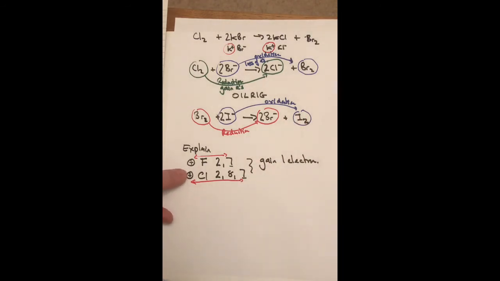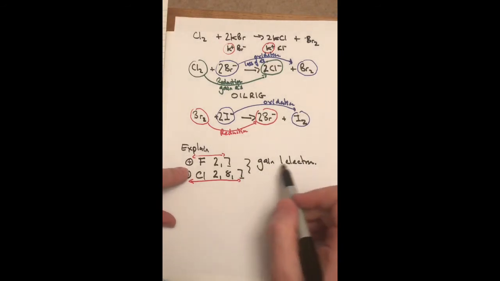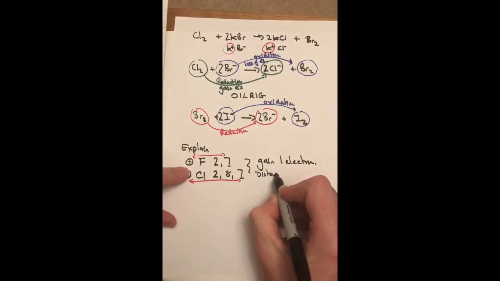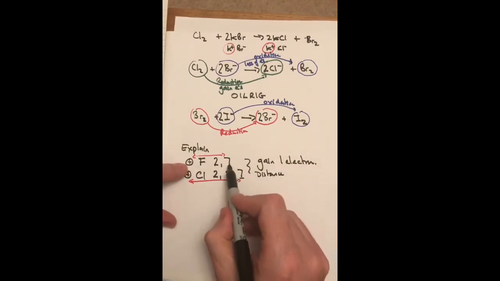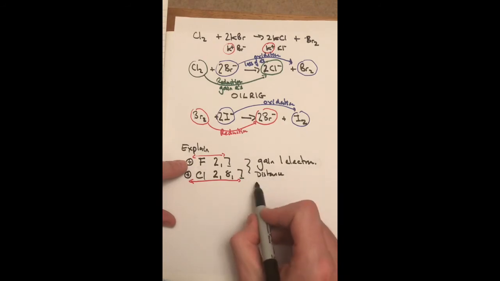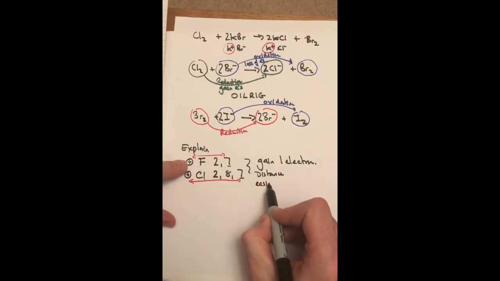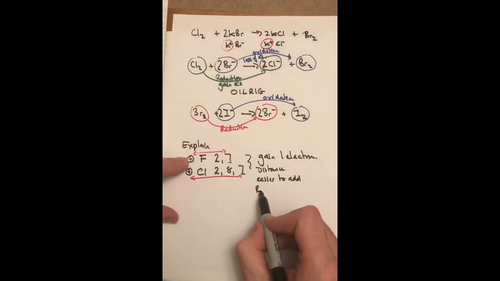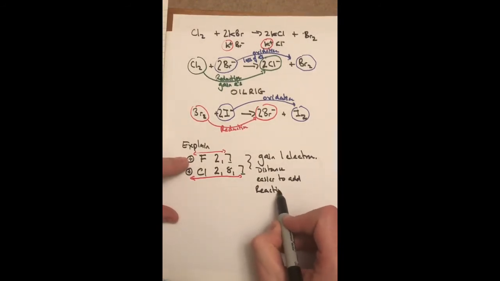So the key thing to think about here is these are trying to gain electrons. You need to think about the distance, so that as they become smaller, the distance gets less. If the distance gets less, then it's easier to add that electron, and therefore they become more reactive.